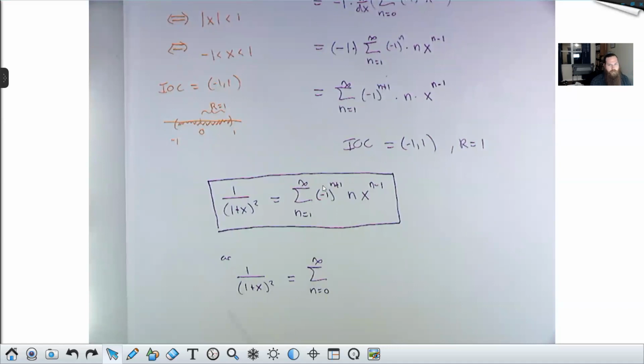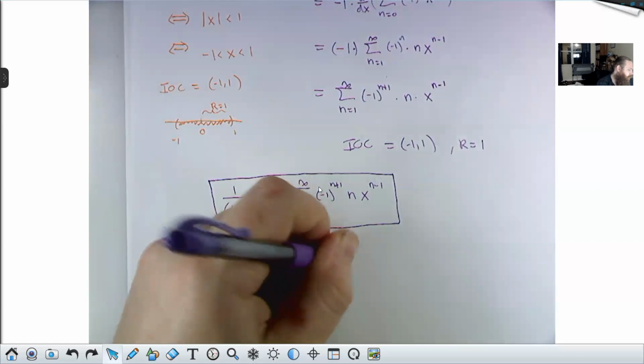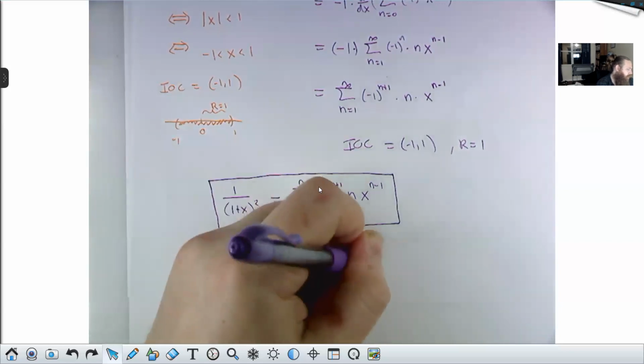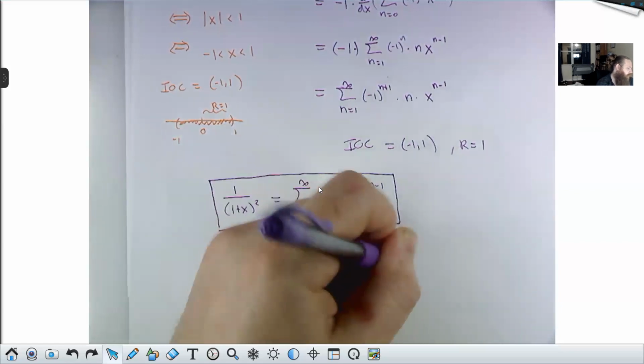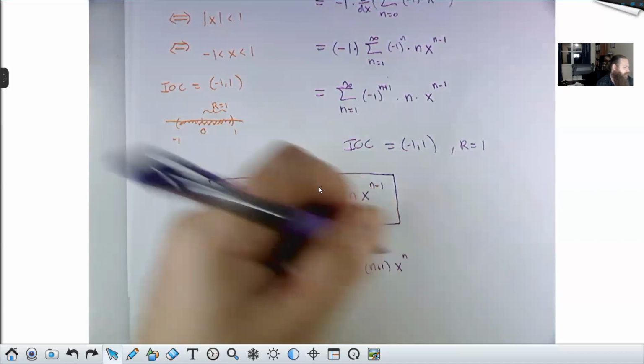And when I do that, that's going to change all the other n's in here. So like earlier, the first term had an n equals 1 here. So this n is going to become an n plus 1. This n plus 1 is going to become an n plus 2. This will be negative 1 to the n plus 2 times n plus 1. And then the x to the n minus 1 is going to become x to the n.